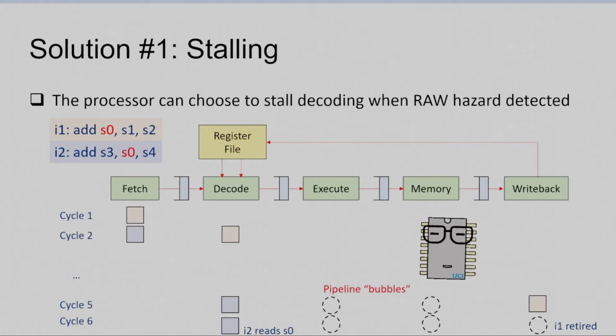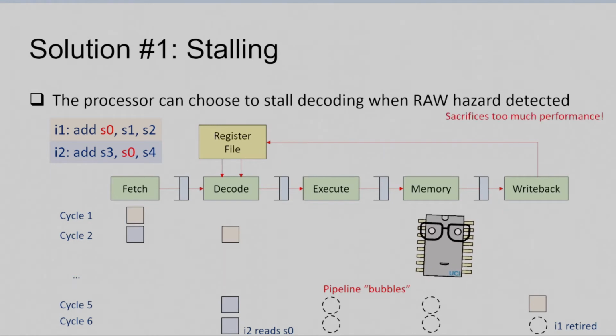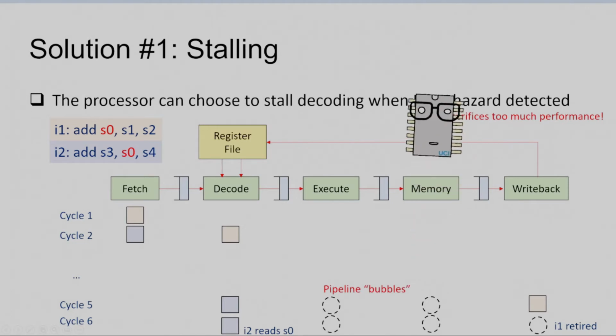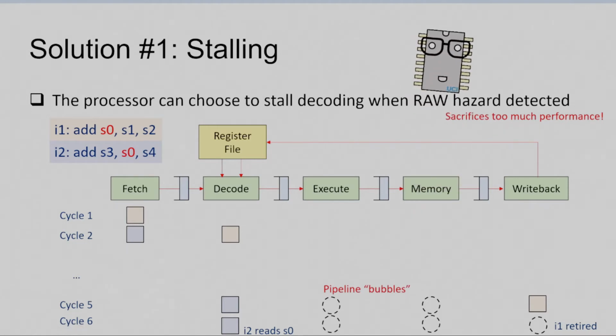And one of the big goals in processor design is we want to reduce the number of bubbles as much as possible, because that represents performance degradation, because we're not using the circuits that we've built in the most useful possible way. Yes, and that's the big problem with this stalling approach. It sacrifices too much performance because we're introducing too many pipeline bubbles.